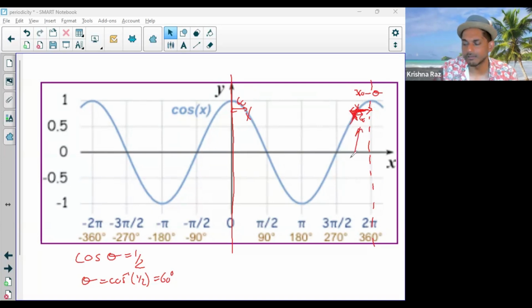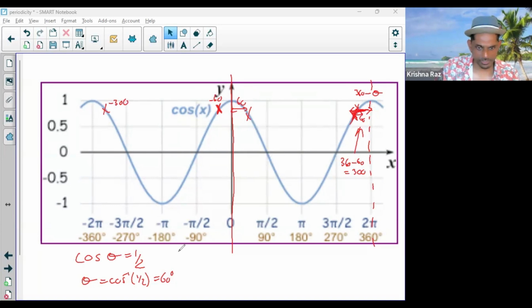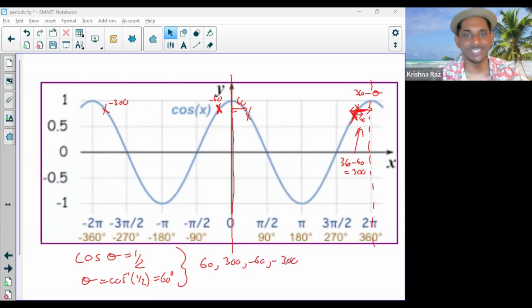Yeah, because that corresponds to 360 minus 60. And then the negative values would be minus 60 and minus 300. So the solutions to this question here would be 60, 300, minus 60, minus 300. And that is why cos is the easiest of the trig functions when we're dealing with solutions in a range. Yeah?